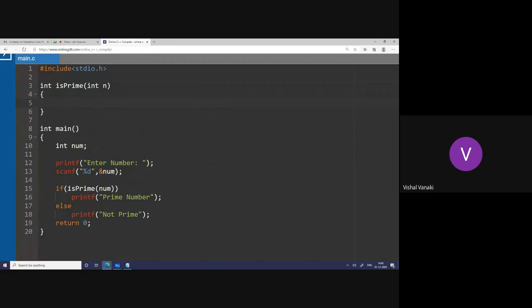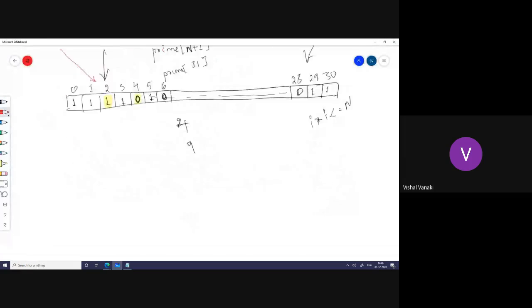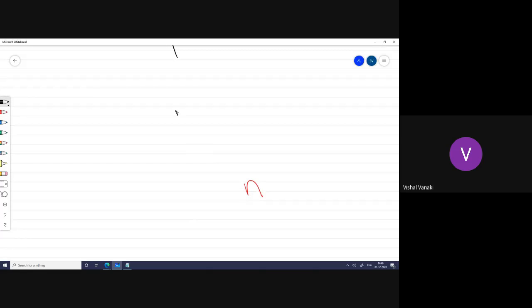Now here, first thing is, what are the possibilities of n value? First possibility is that n value can be equal to 1.